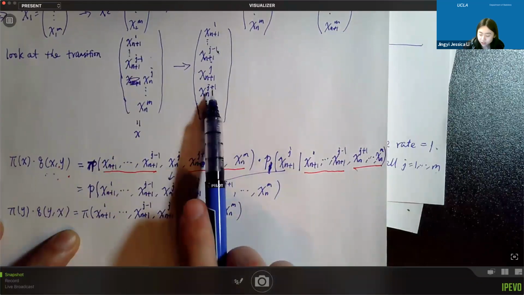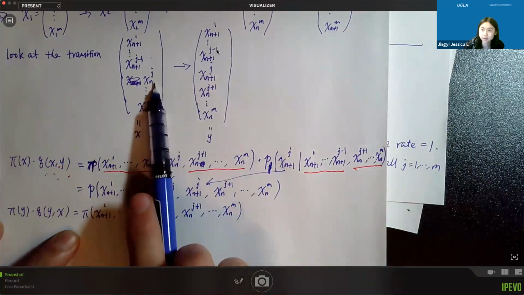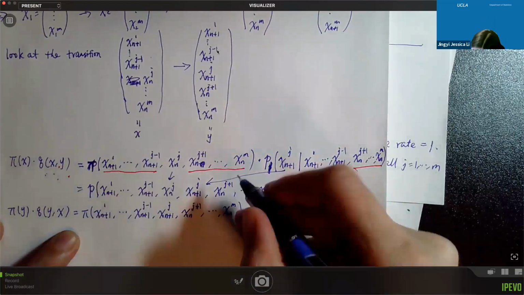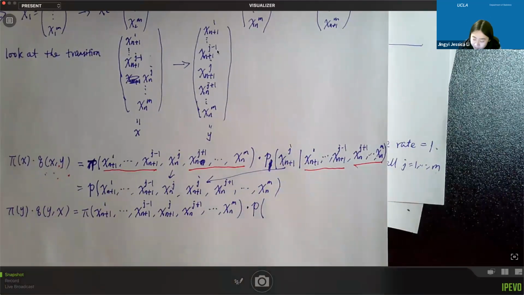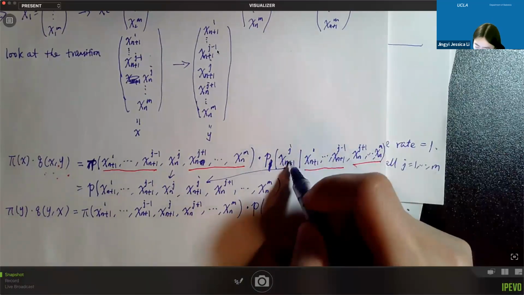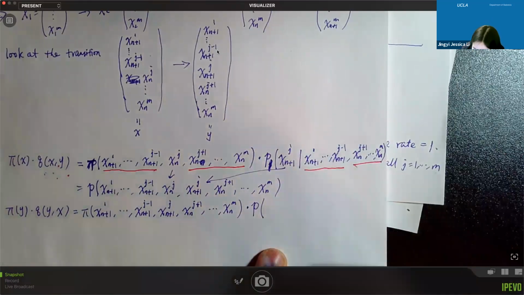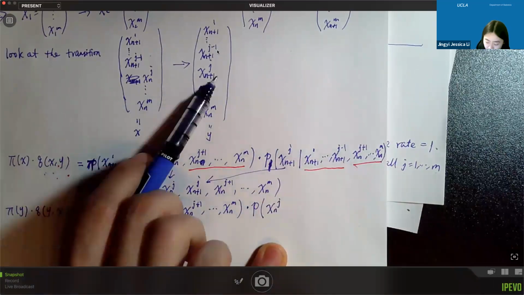For the transition, you see, other dimensions stay the same. What's only changed is that I'm now going to go from x_{n+1,j} back to x_{nj}. So it's still the conditional distribution of dimension j, but now the value I draw is not x_{n+1,j}, but x_{nj}. This is the value I draw because I'm going from here to here.